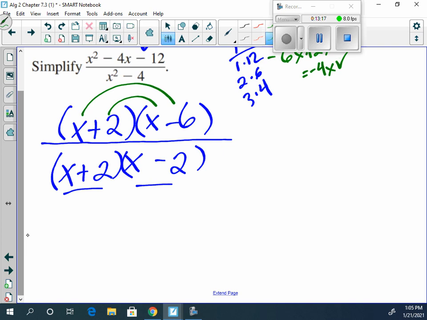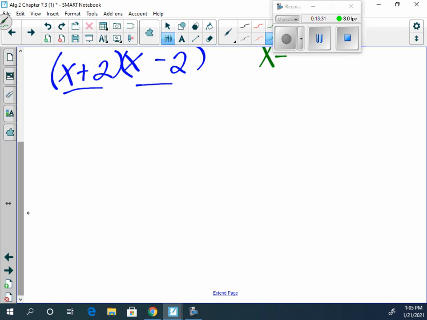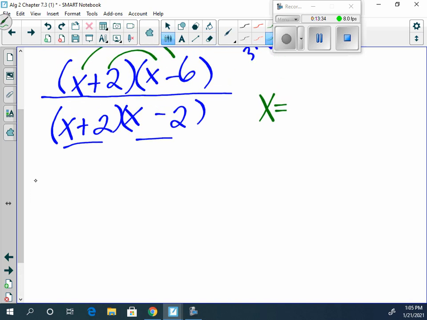Yes? Okay. Now at this point, we can find our restrictions on what x cannot be. We look at what's going to make the denominator equal 0. To find out what values will make the denominator 0, we can set the denominators, x plus 2 equal to 0, and x minus 2 equal to 0, and solve for the value of x.